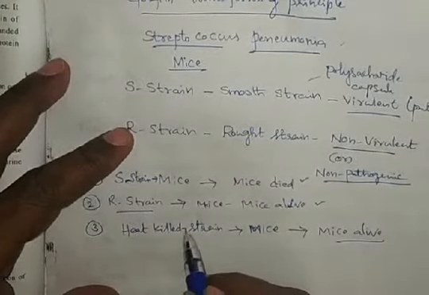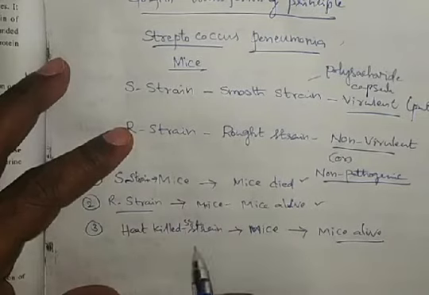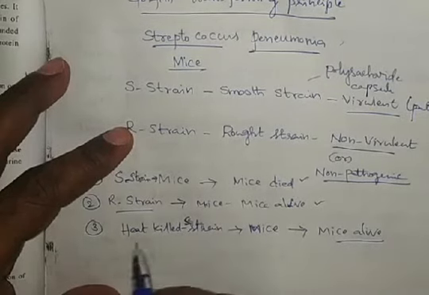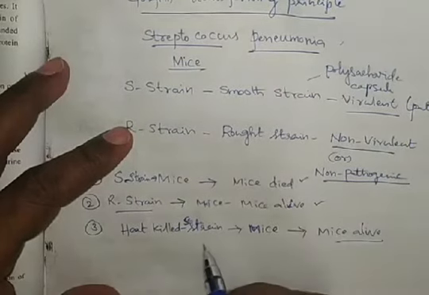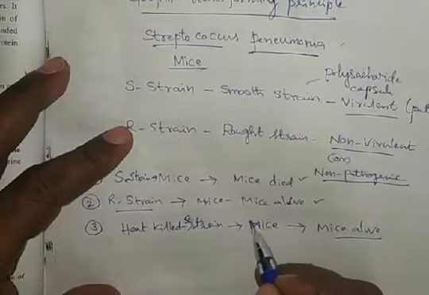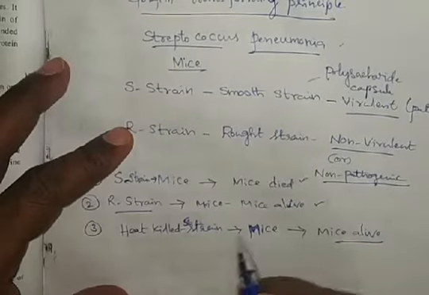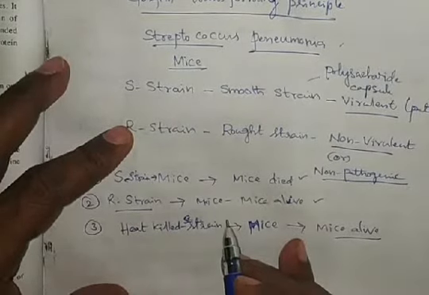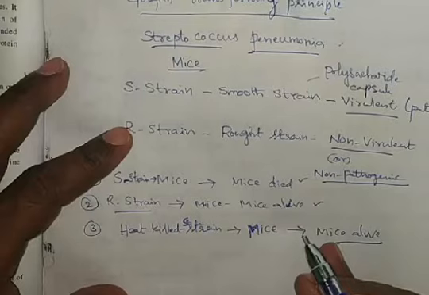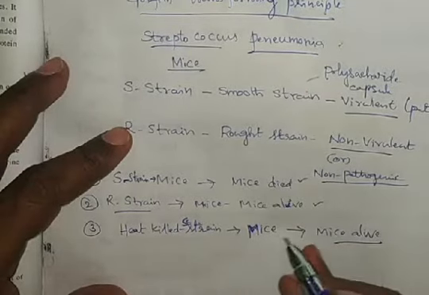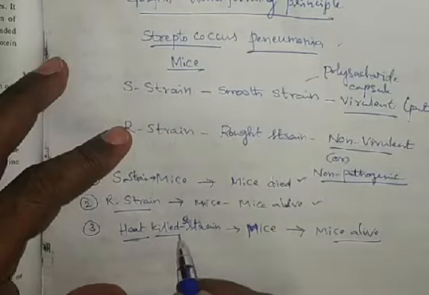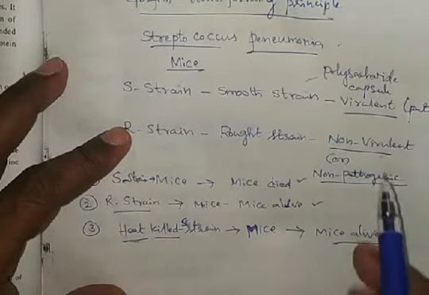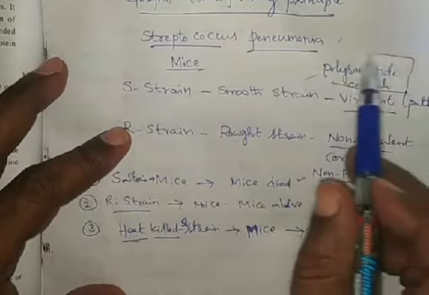When this S strain is heated, the polysaccharide coat is destroyed, but the genetic material is not destroyed. Such a temperature is not enough to destroy the genetic material. Whatever temperature we are using here destroys only the polysaccharide coat of the S strain.